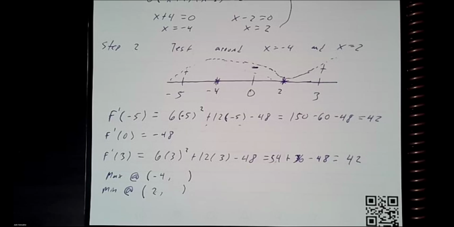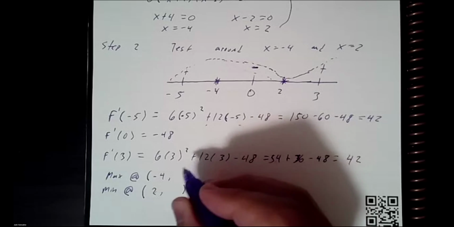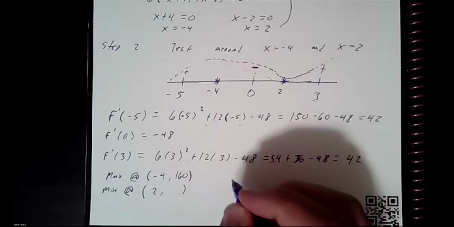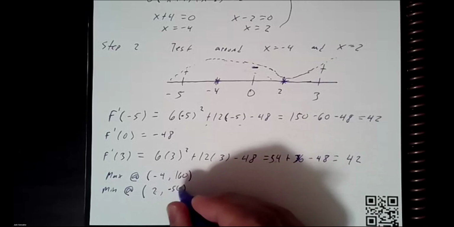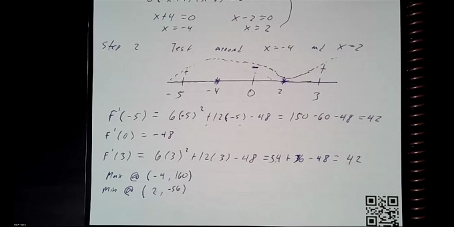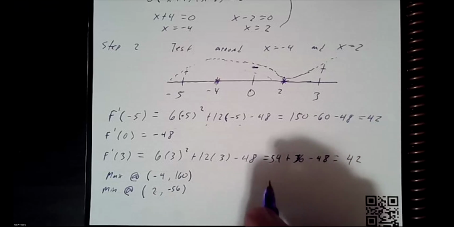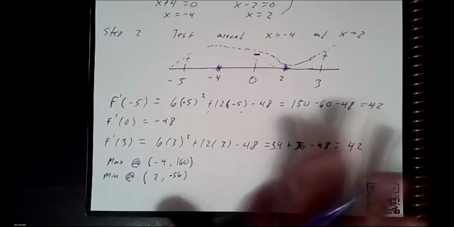Don't feel like plugging that in. Desmos said that this is 160 and this is -56. So I'm going to skip a minor step because I believe you can all plug numbers in. Y'all are sharp.